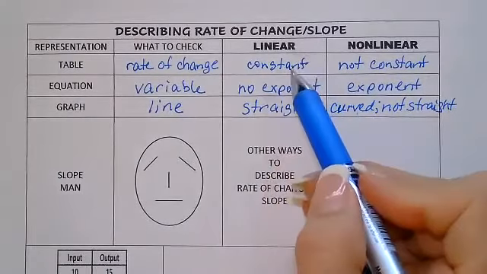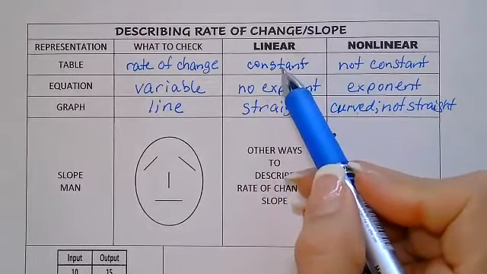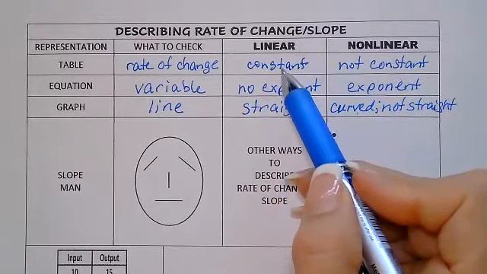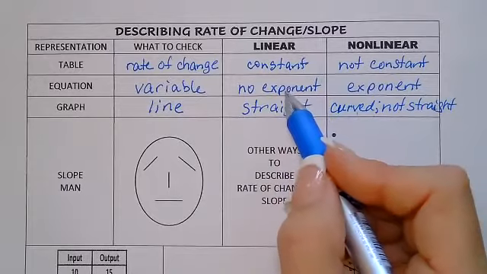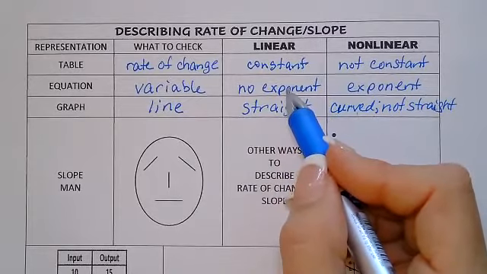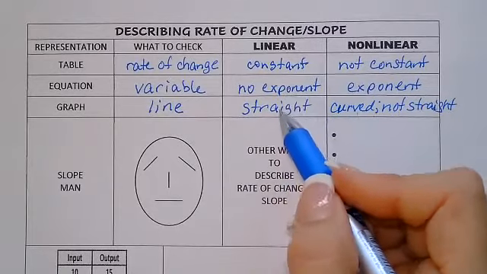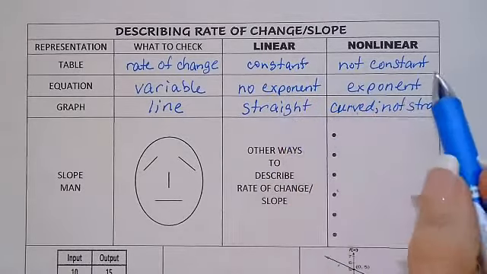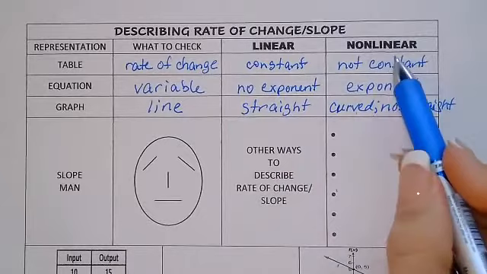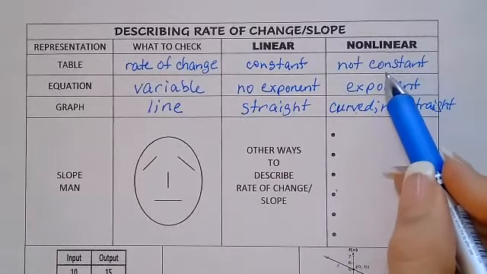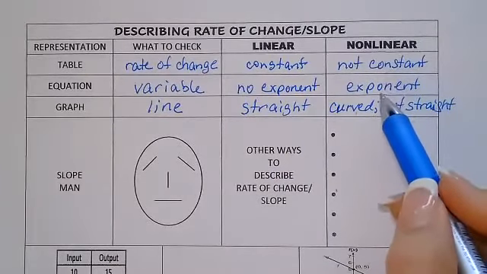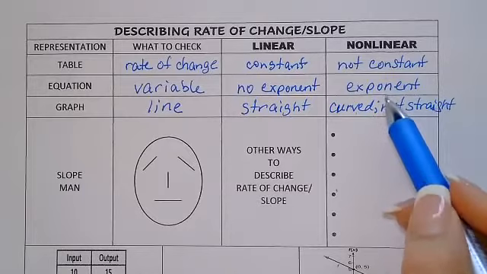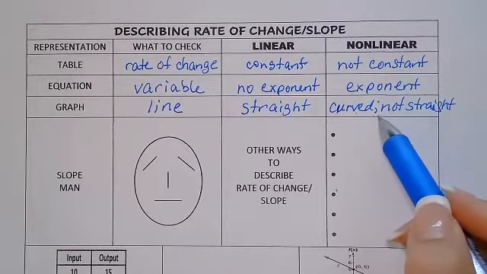So linear functions, you will have a constant rate of change in a table. There will be no exponent in the equation, and the graph will be a straight line. If it is nonlinear, the table will not show a constant rate of change. There'll be an exponent in the equation, or the graph line will be curved, not straight.